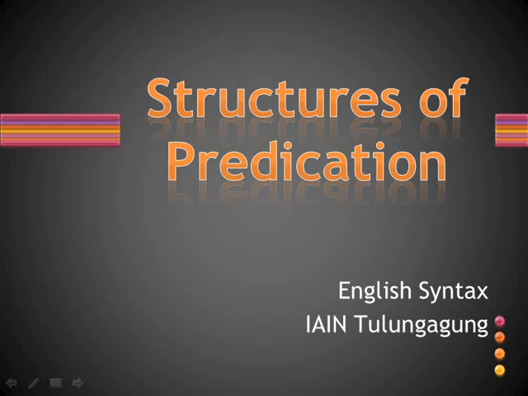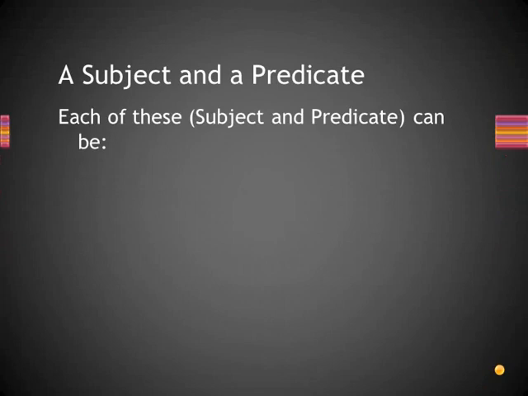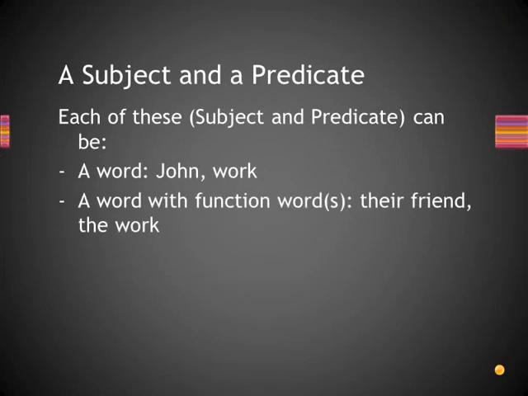Okay, next. What is structure of predication? Last week we discussed structure of modification, and today is predication. In predication, the two elements are subject and predicate. Each of these, the subject and predicate, can be one word or a word with function words, like their friend.